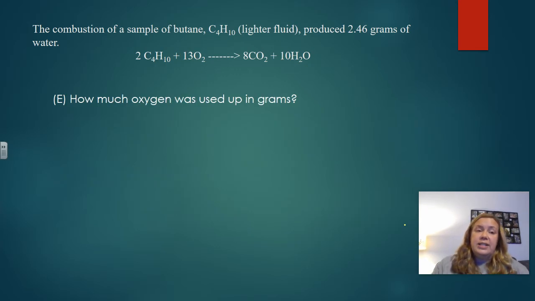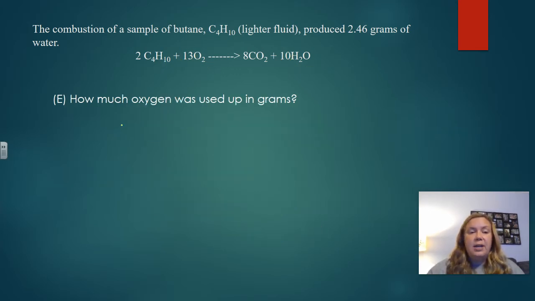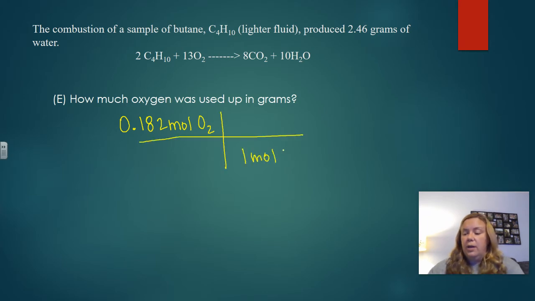And the final question is how much oxygen was used up in grams? So I'm just converting again. I'm taking my answer from letter D, and I have 0.182 moles of oxygen, and I'm simply going to convert that to grams. Moles of oxygen, again, it's O2, which is very important because that'll matter in our molar mass.